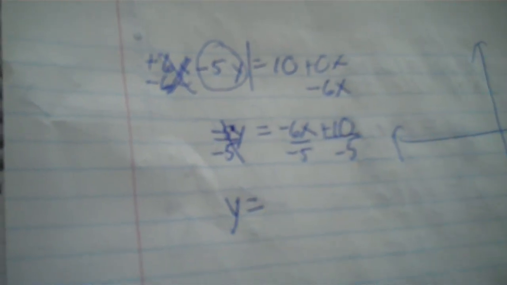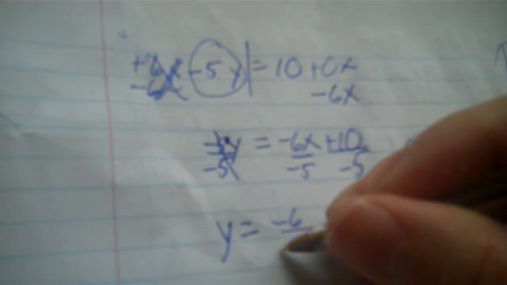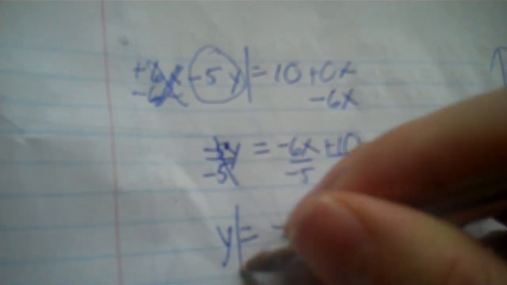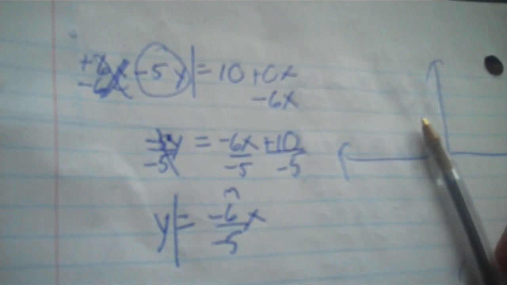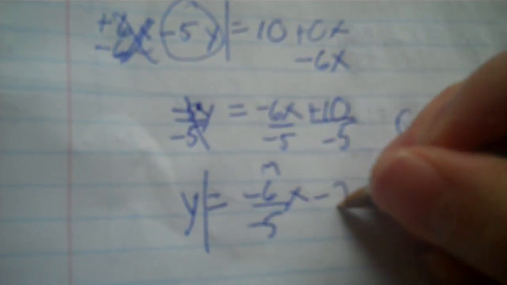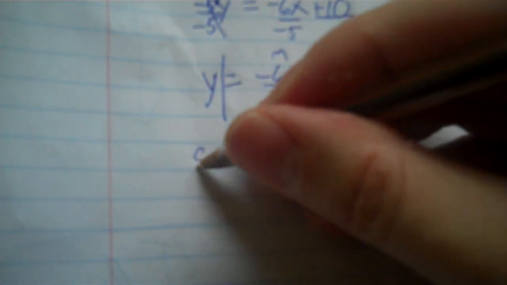Okay, so if I divide negative 6 by negative 5, that's a decimal. Do not write decimals. Keep them as fractions. That's my m. Now my b, negative 2. Okay, so you got your slope, y-intercept.